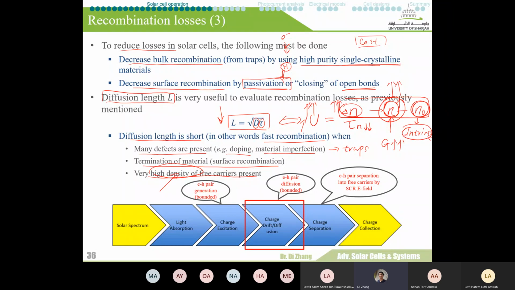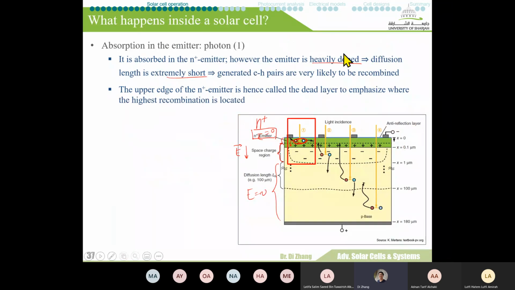This will decrease your diffusion length significantly. Even though in silicon we may have a 100 micron diffusion length, in the emitter region the diffusion length is going to be very, very small.